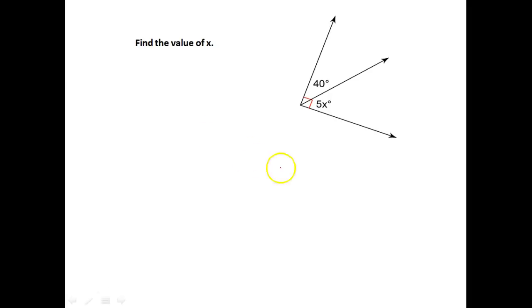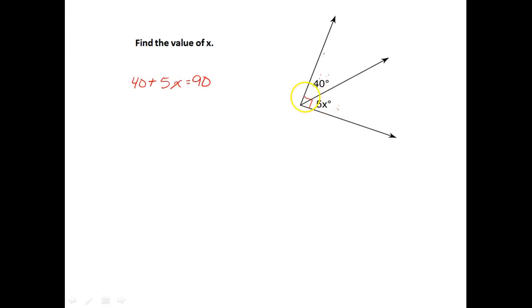All right, next, let's find the value of x. We have here not a linear pair, but they are complementary, right? They both add up to equal how many degrees? 90. And so if they add up to equal 90 degrees, that's just what you write. I know this angle, 40, plus this angle, 5x, equals 90, okay?